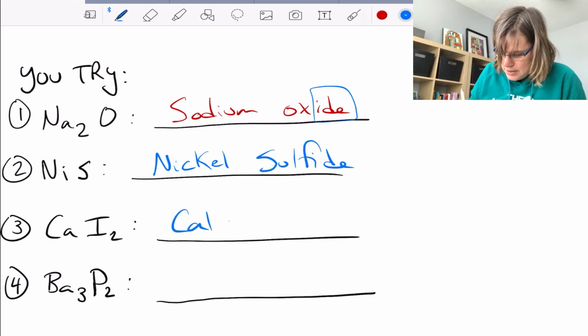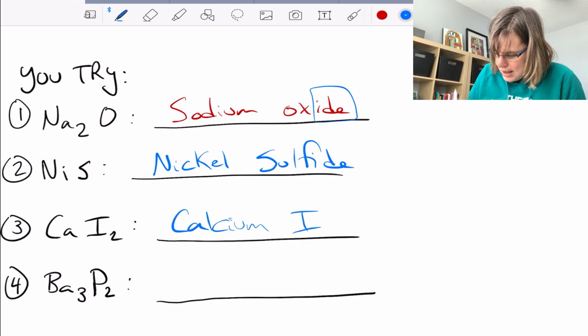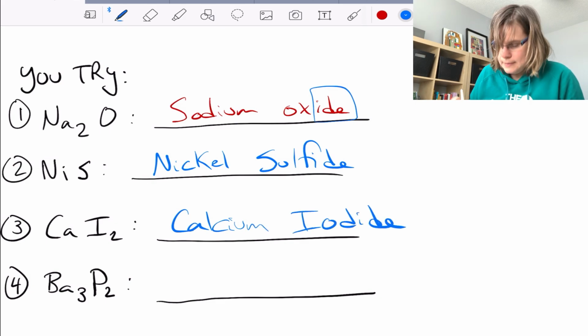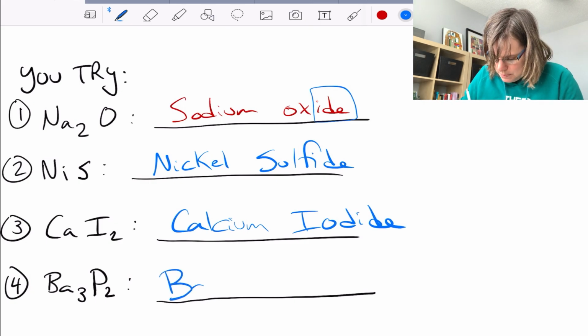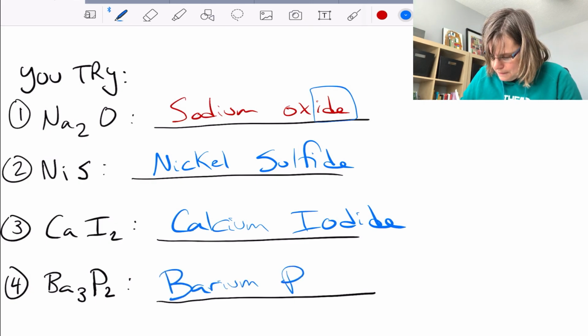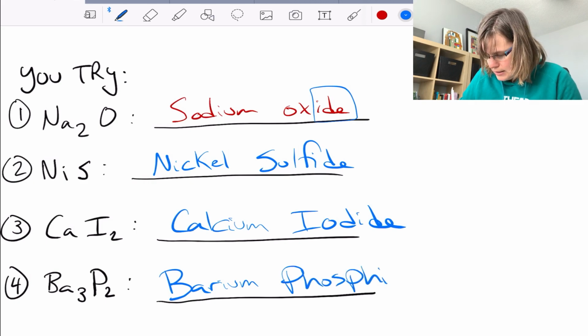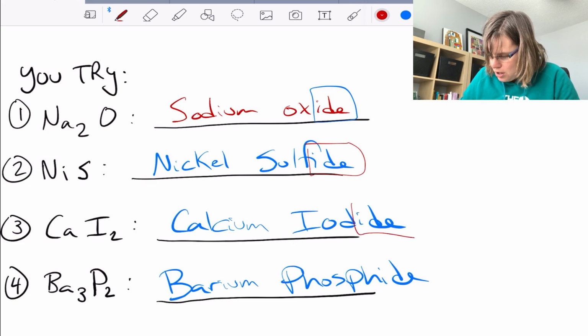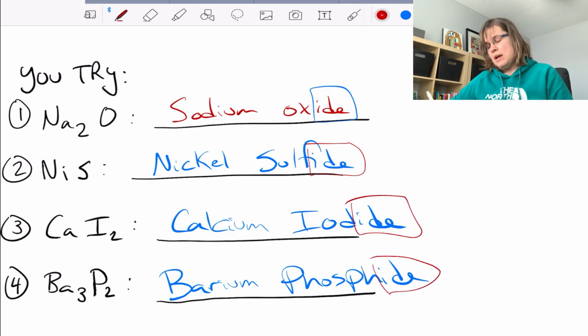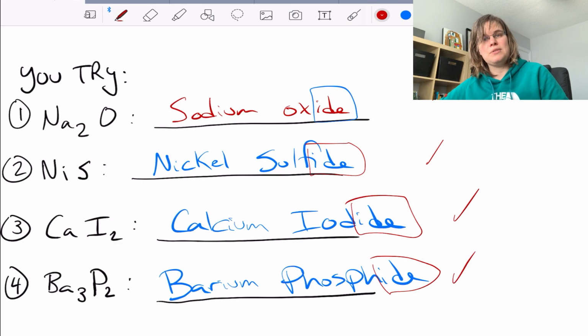This one is calcium iodide. Okay, again, we don't say iodine, we say iodide. This one is barium phosphide. So just making sure that you have IDE on the ends of all of these words, and you are for sure able to get these right.